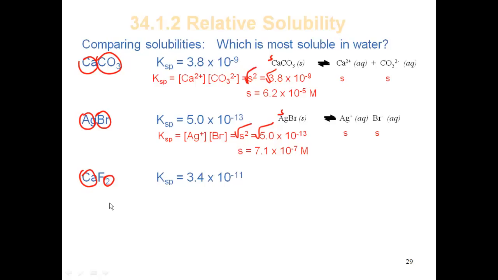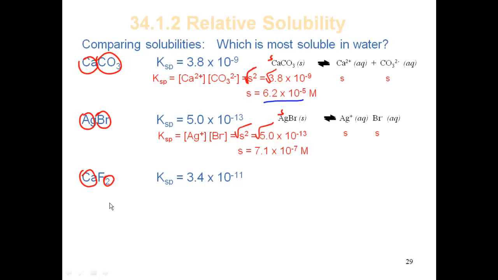So, if I want to figure out which one of these is more soluble between the two, since the molar solubility of calcium carbonate is larger than the molar solubility of silver bromide, which is 7.1 times 10 to the negative 7th, calcium carbonate will be more soluble. Now, I could have made that same decision by looking at the KSP, 10 to the minus 9th compared to 10 to the minus 13th, because I'm looking at apples and apples.